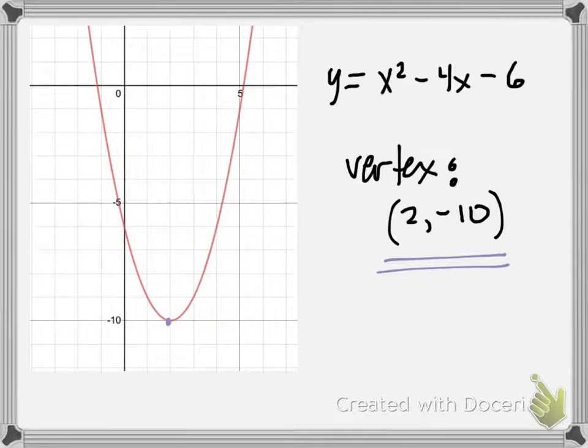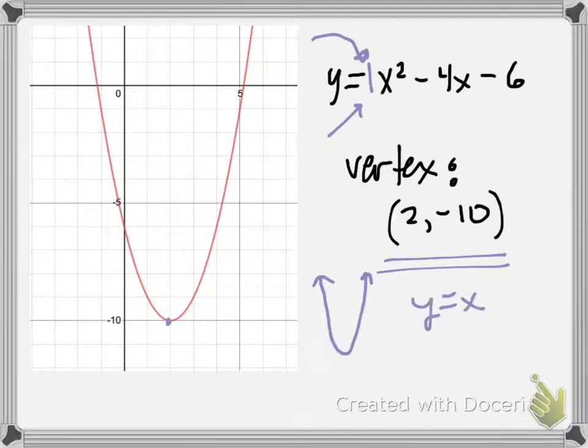But you should also know, and most of you do from my experience, that the a value here determines the shape of the graph. So if a equals 1, we can expect it to be facing upward and to be the same shape as y equals x squared, which would be the parent function. In other words, if you think of this vertex as the new origin, look at the pattern of this quadratic.